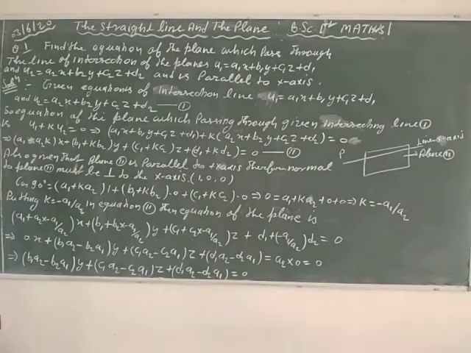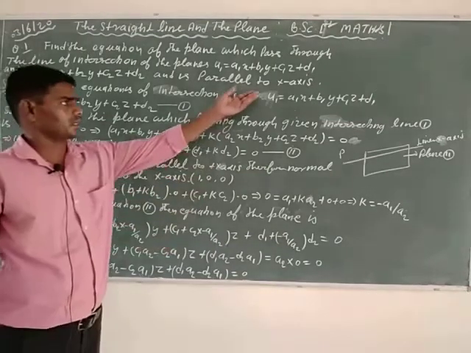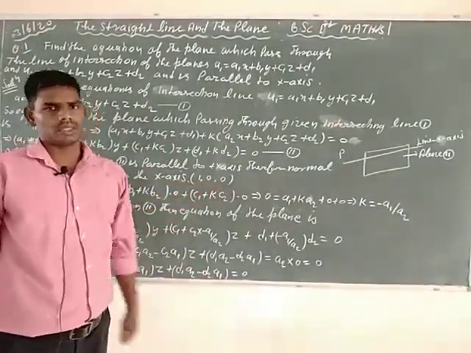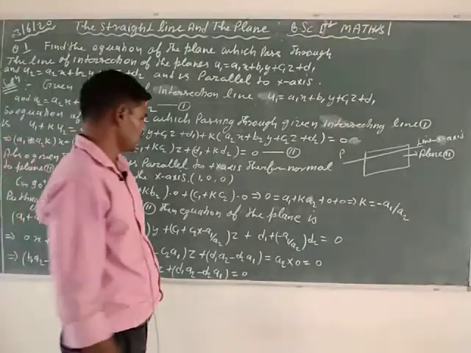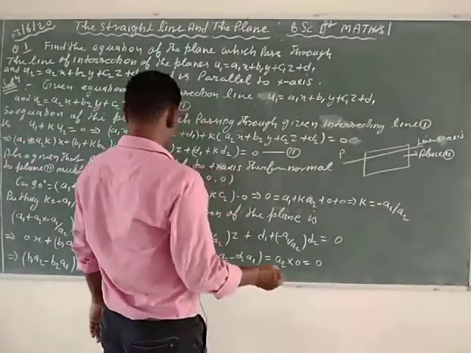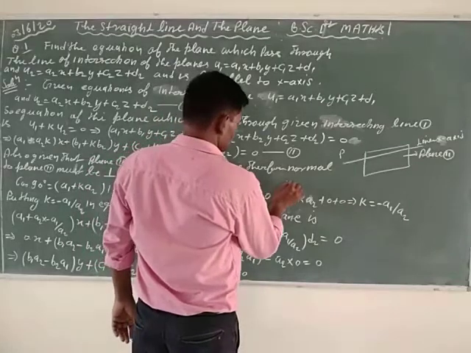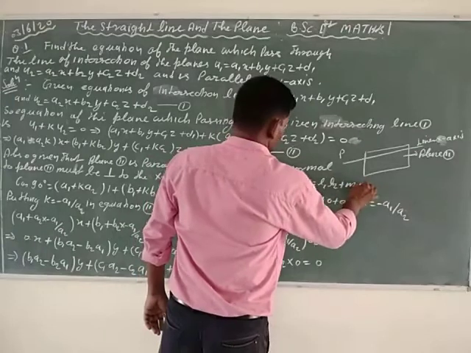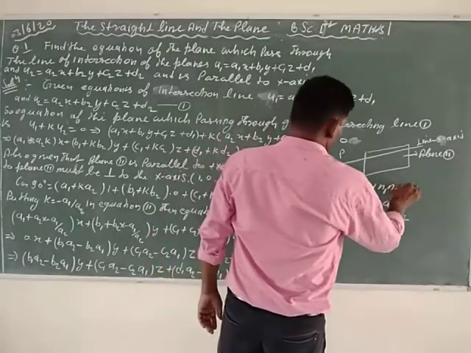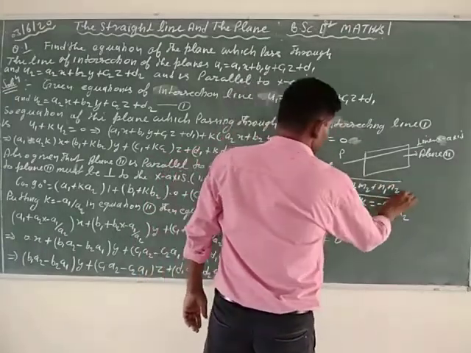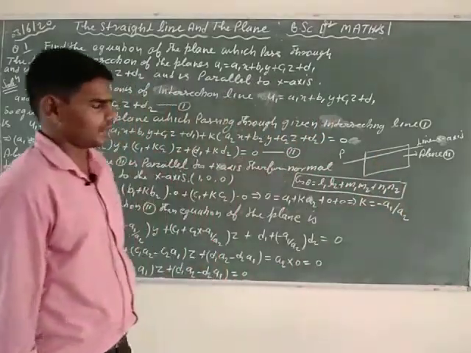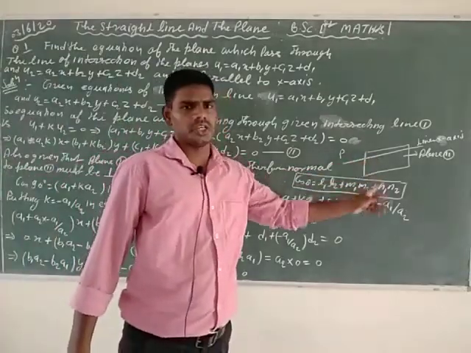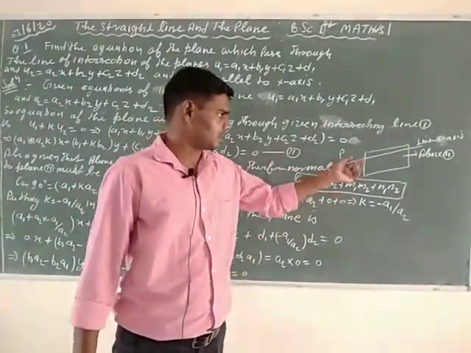and is also parallel to the x-axis, whose direction cosines are 1, 0, 0. So applying the formula cos theta is equal to L1 L2 plus M1 M2 plus N1 N2, with the help of this formula we find the angle between the normal to the plane and this straight line, the x-axis, but this is perpendicular.